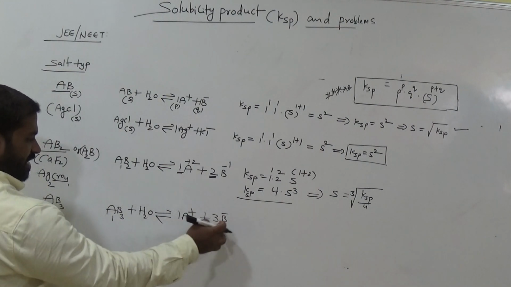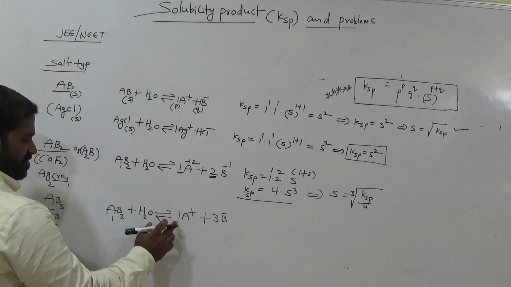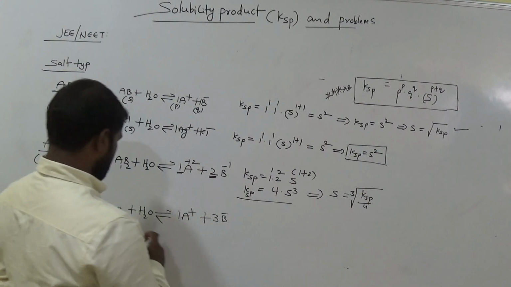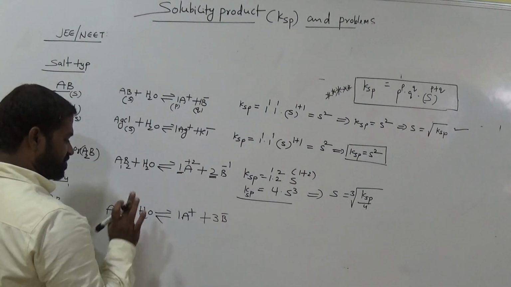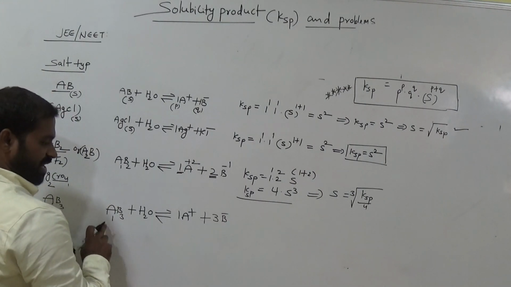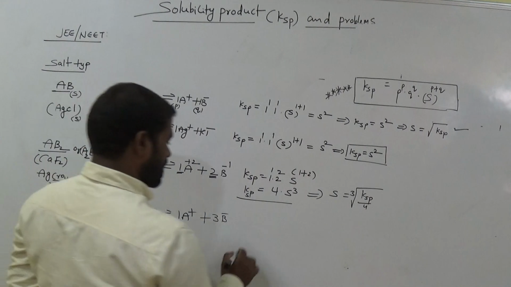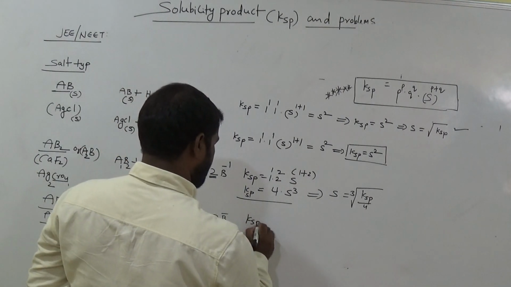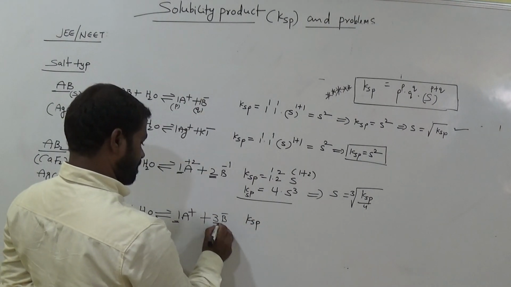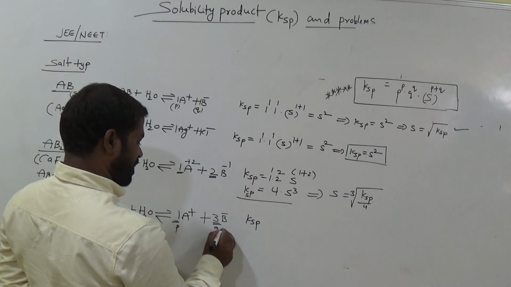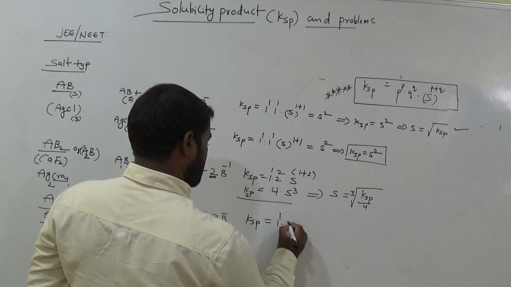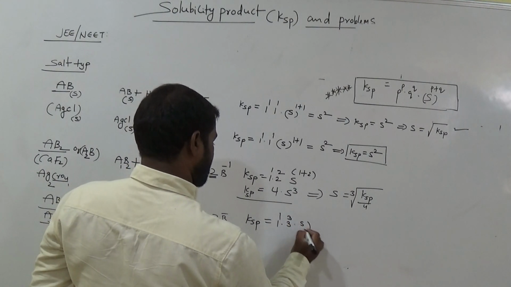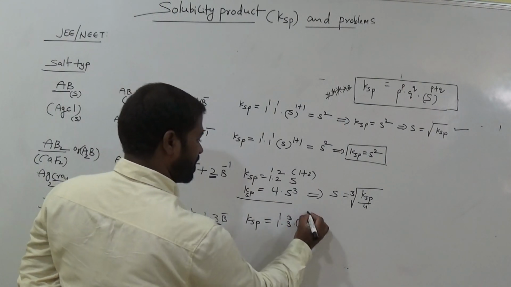Here we have 3, so 3 into B minus, here 1 into A plus. Write as coefficient. Now Ksp means, what are the coefficients? 1. This is P, this is Q, am I right? Therefore, 1 power 1, 3 power 3, S whole power 1 plus 3.